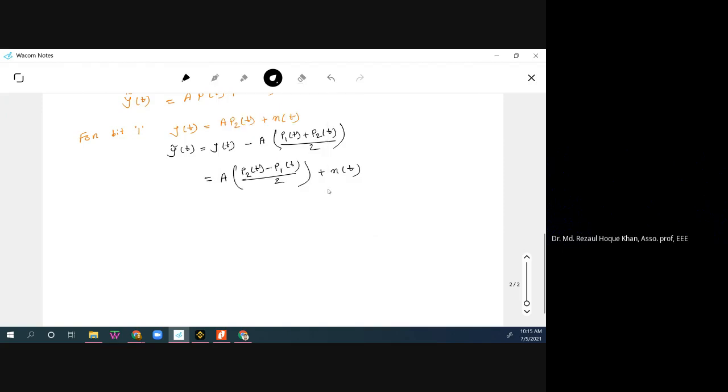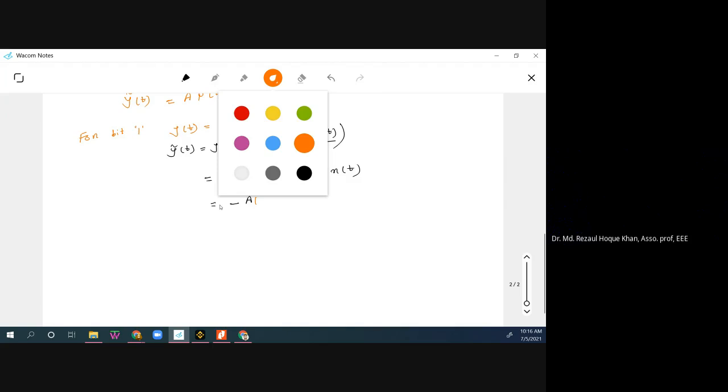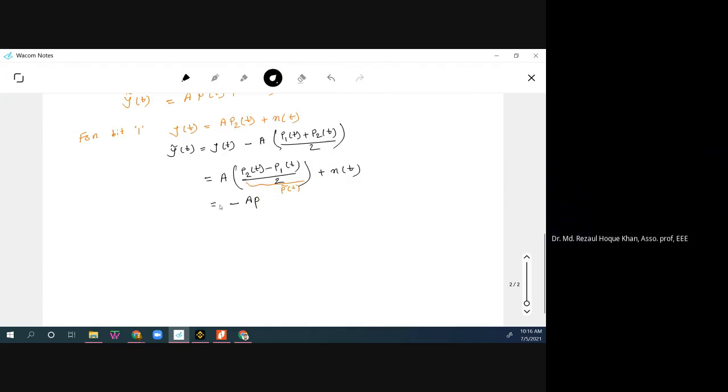So our new expression becomes minus a. Let's give it the same thing as previously, p tilde t. So the expression becomes tilde t plus n t. Okay, let's summarize what we find.